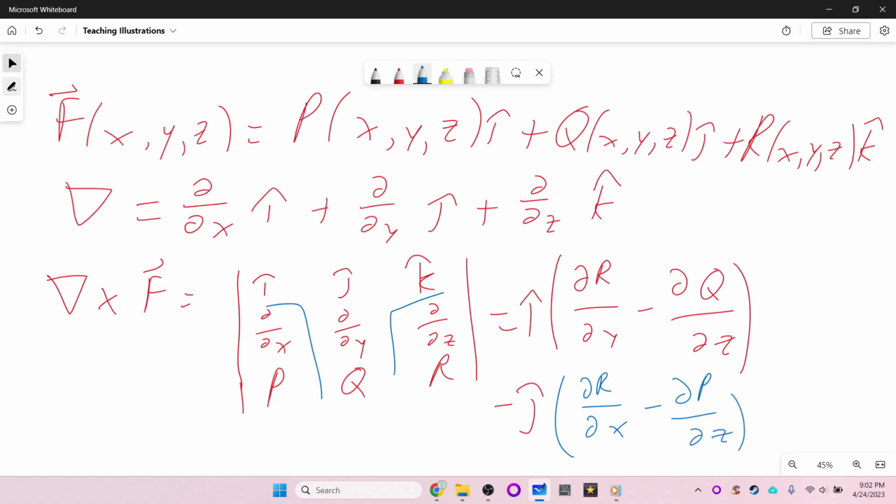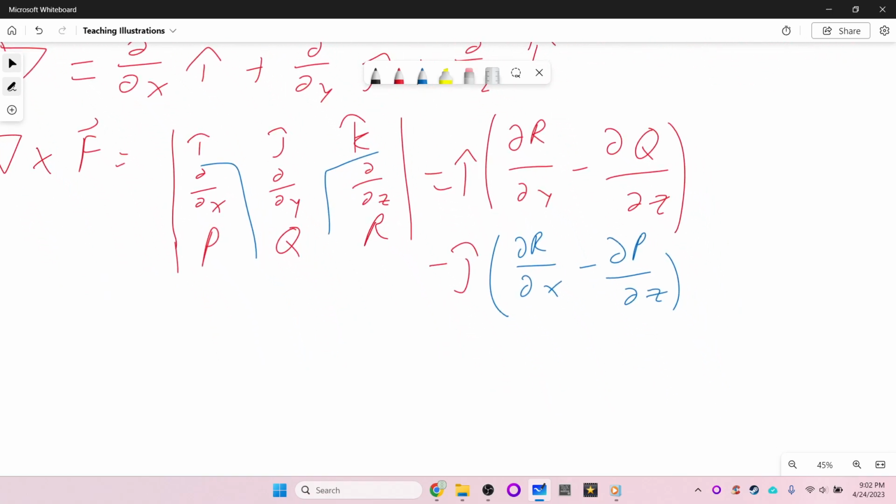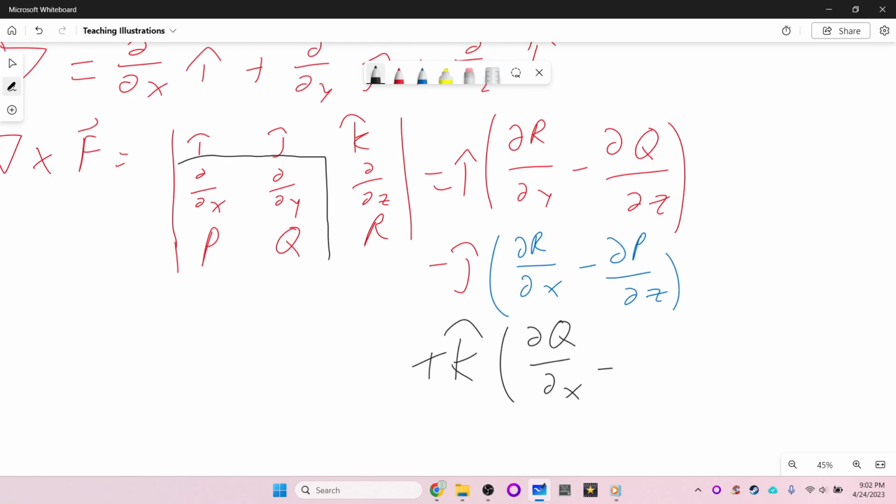And so you see what's happening. We're just saying, instead of multiplying these, we're just applying it. And then we have plus k hat. So if we cut out the k hat row and column, we get del q del x minus del p del y.